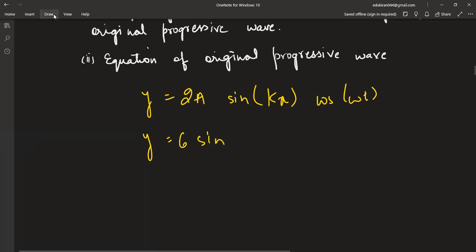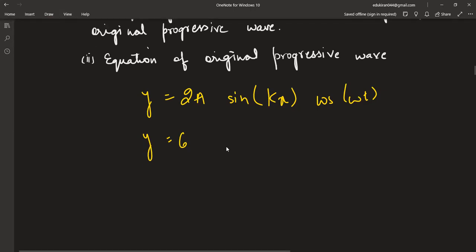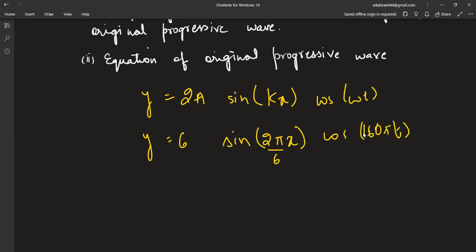That is 6 sine 2 pi x by 6 cos 160 pi t. Look, everything is coming under one another. So we know what all things are mentioned already. So omega is equal to 160 pi.